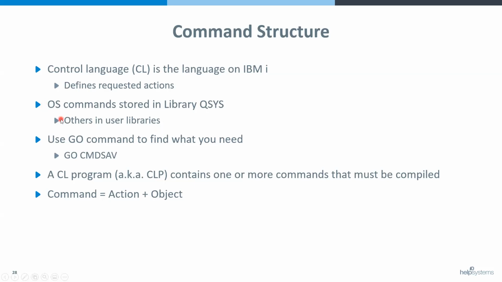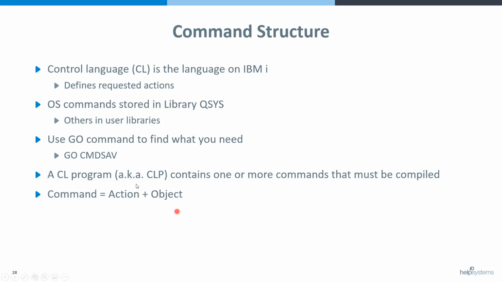For instance, our Robot products, our Halcyon products, and other vendor products on your system have commands in their library that you can execute at a command line. You can string commands together to create a CL program to execute some type of automated function. For instance, we see quite often that companies have put together a CL program to execute their nightly backup.